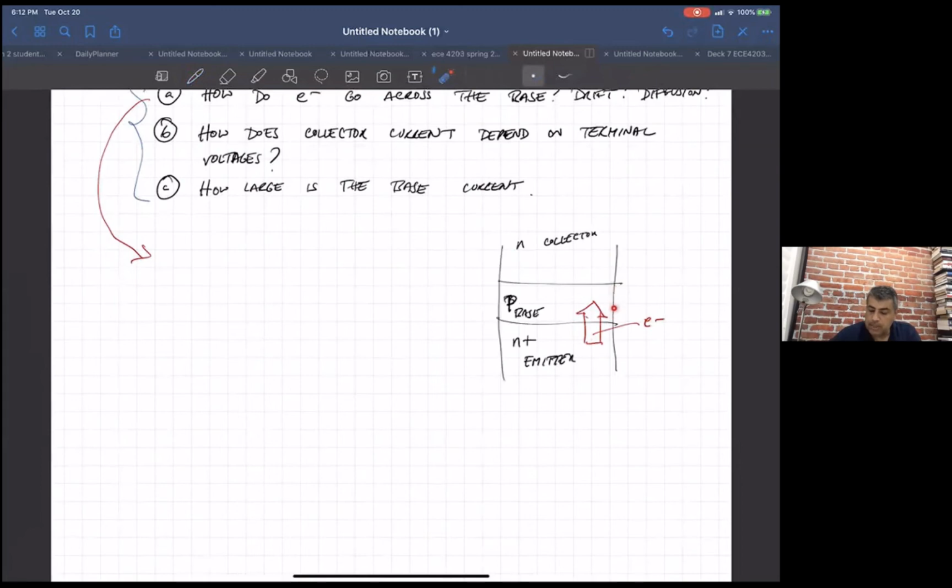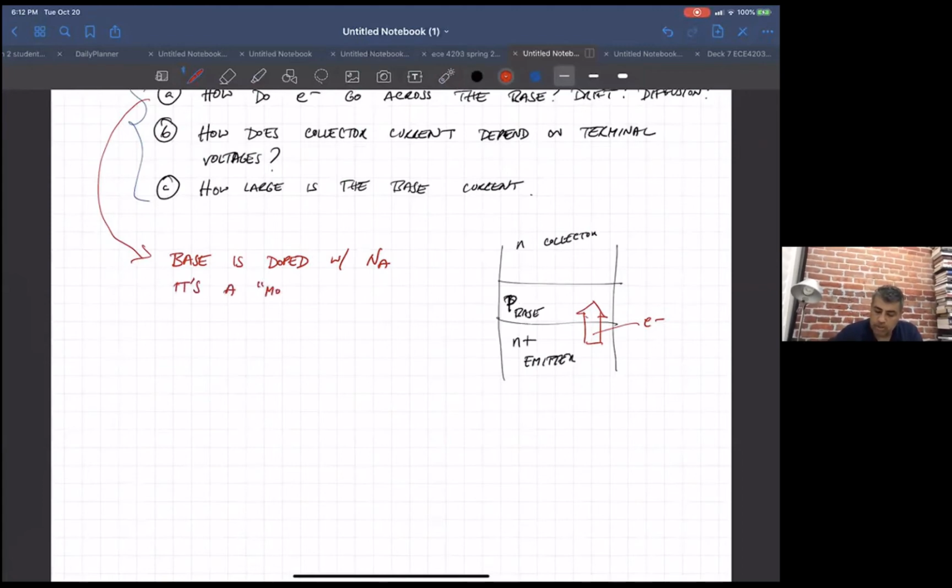The answer is that the base is doped. Although it's doped less than the emitter, it is still doped with acceptors. So it's a moderate conductor, as the book calls it.